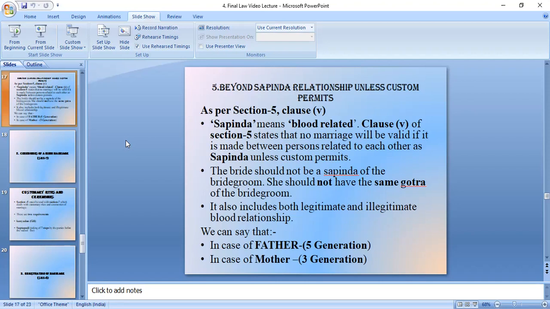The bride should not be a Sapinda of the bridegroom. She should not have the same gotra as the bridegroom. It also includes both legitimate and illegitimate blood relationship. We can say that in case of father, there must be 5 generations, and in case of mother, there should be a 3 generation gap.